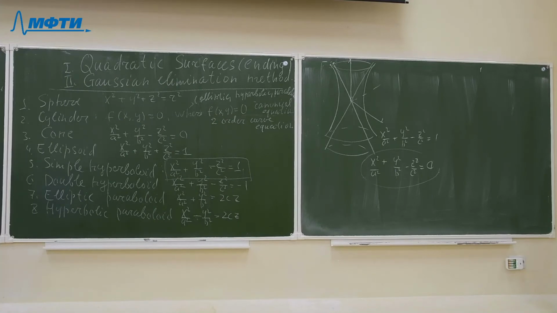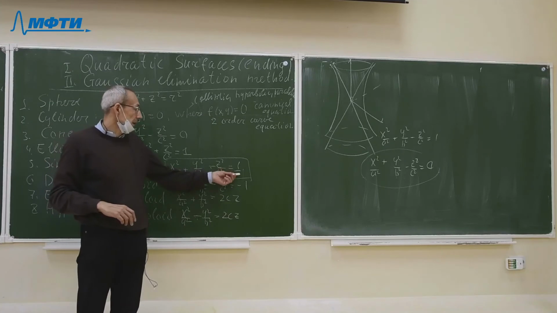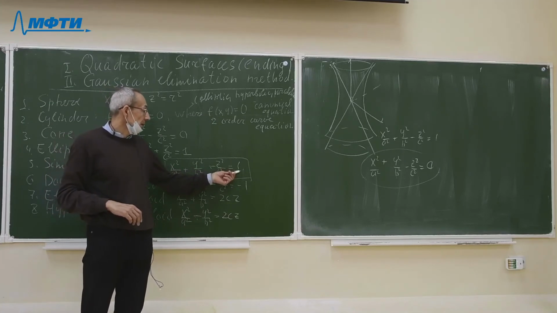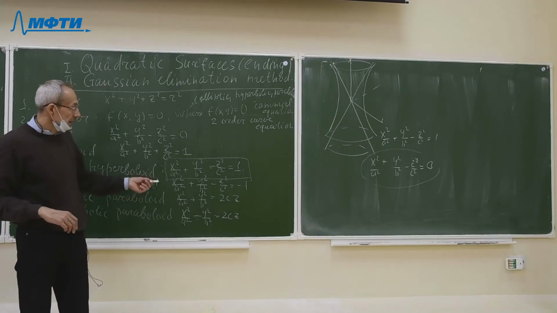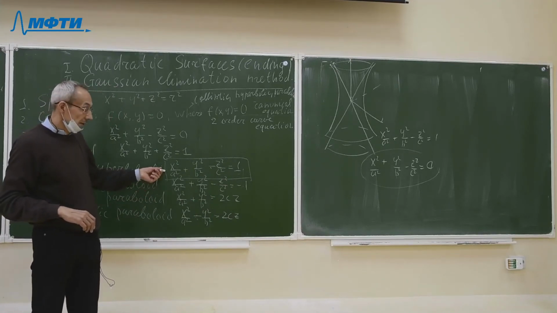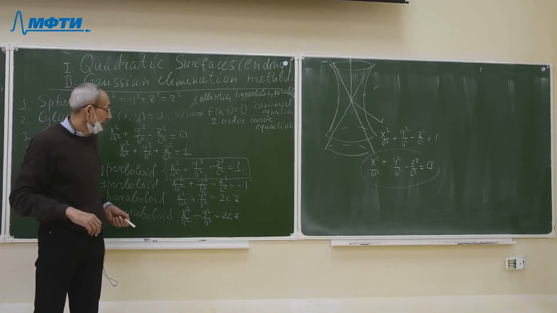Okay, and another example, the double hyperboloid. We change the sign on the right side. In this case, we have sign plus, in this case, sign minus. The left side of both equations is the same.